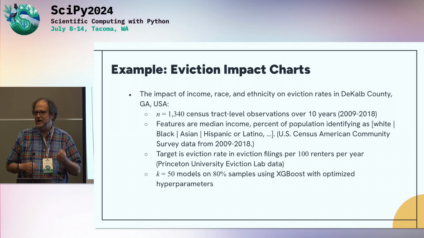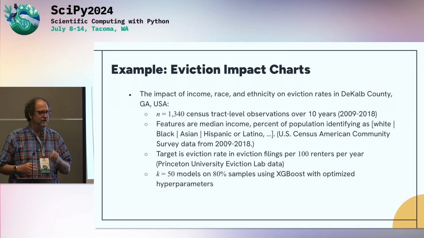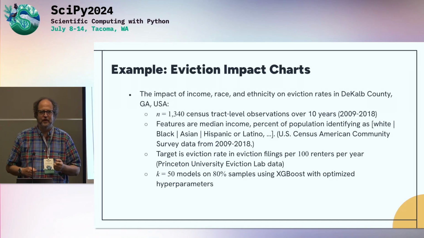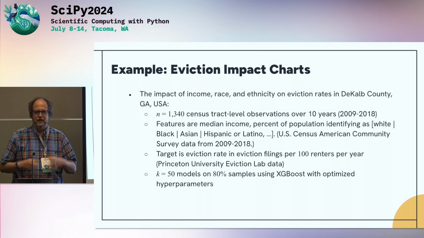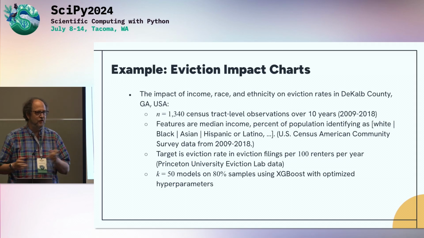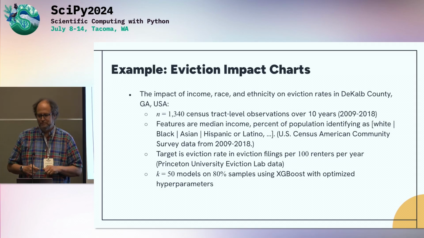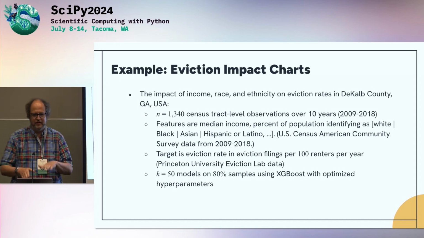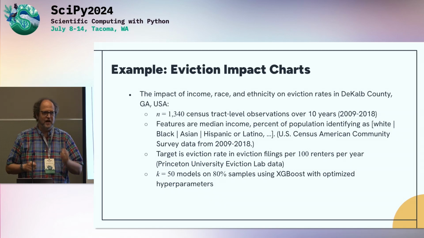The Y that I'm looking at, the target variable that I'm trying to understand what affects it, is the rate of evictions. In this case, within a census tract, for every 100 renters who live in that census tract, how many of them are evicted over the course of the year? In this data, it's how many times landlords filed eviction cases in court.